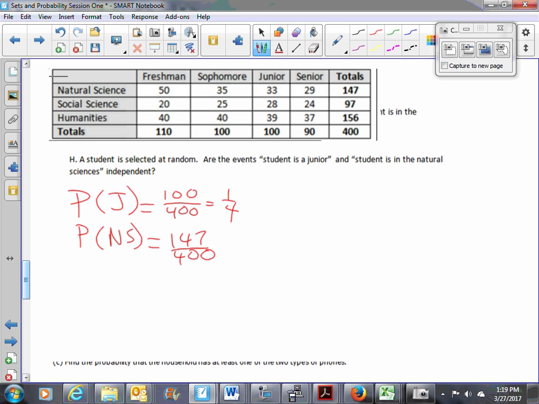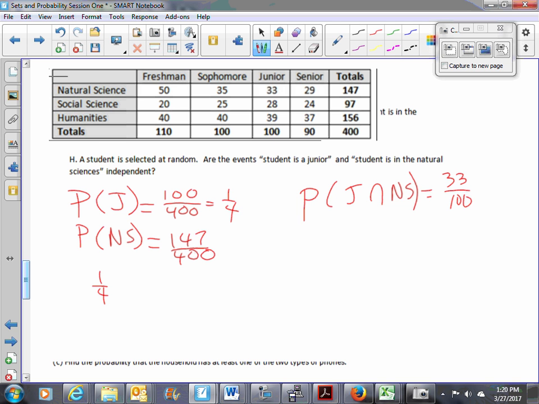Well, if they were independent, the probability that the student is a junior intersect natural sciences would be equal to 1/4 times 147 over 400. But the actual value is 33 over 100.